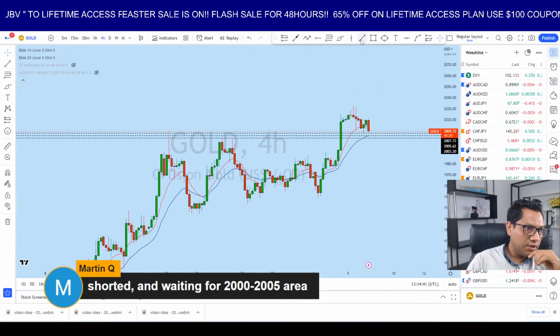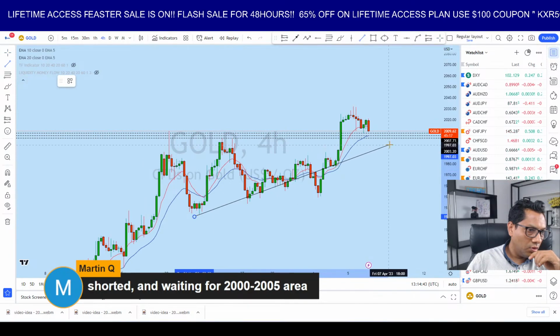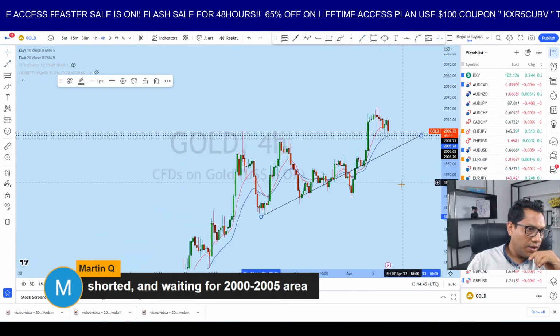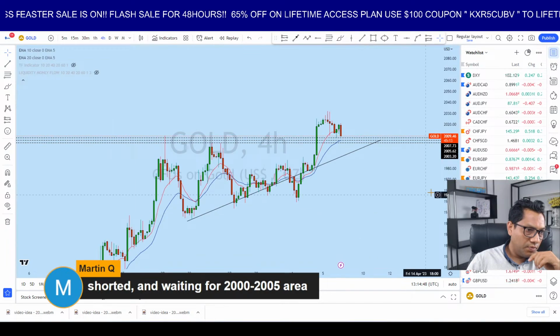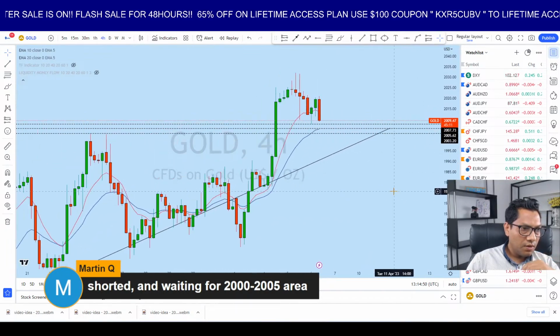You see this support line here on gold, it might come down to the support zone here.